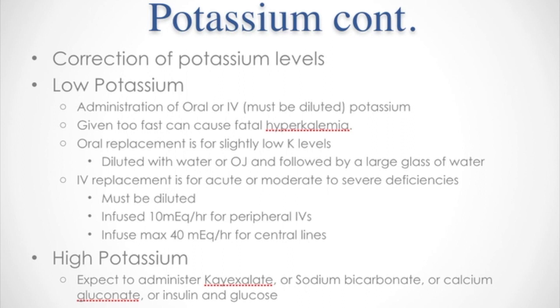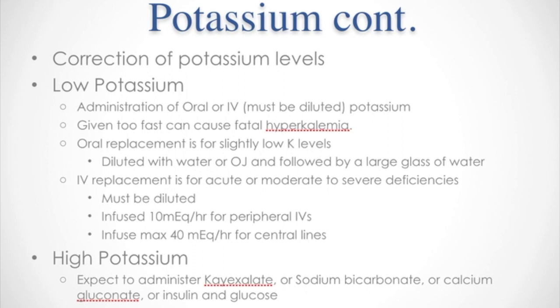Oral replacement is appropriate for slightly low potassium levels, and we dilute oral potassium with water or orange juice and then follow with a large glass of water. IV potassium is indicated for larger abnormalities in lower potassium levels, so acute or moderate to severe deficiencies.